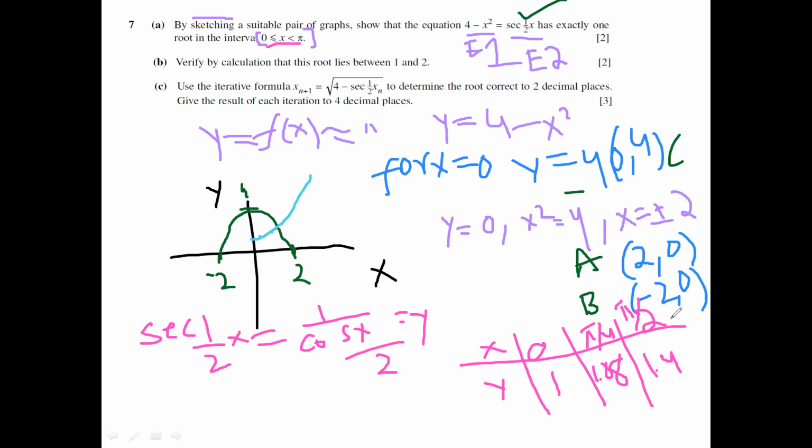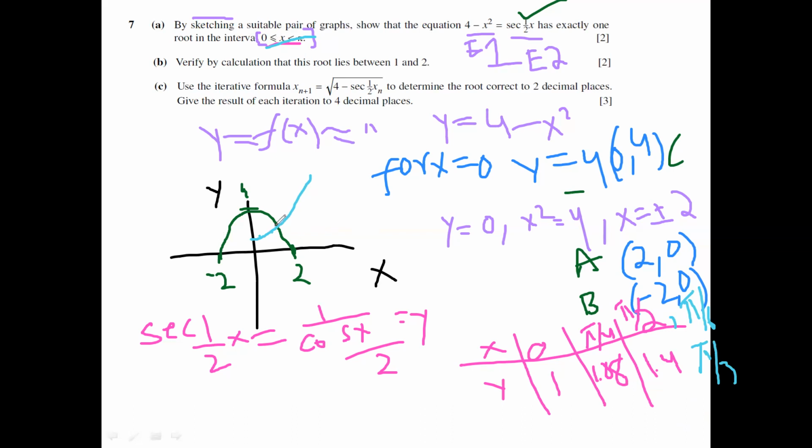You can take more values to plot more, such as pi by 6, pi by 3, or pi by 7, but always stay within this limit. So we have this line as a result of plotting the second equation.